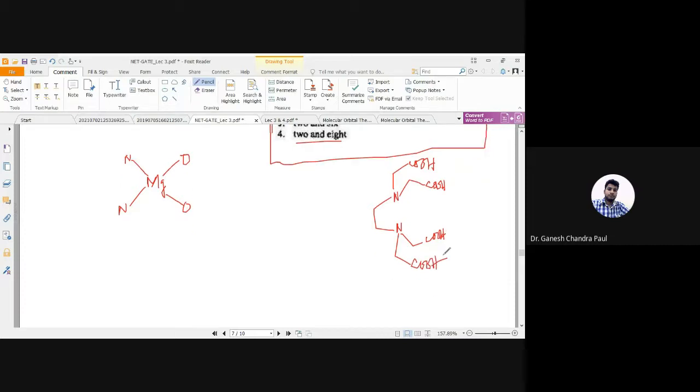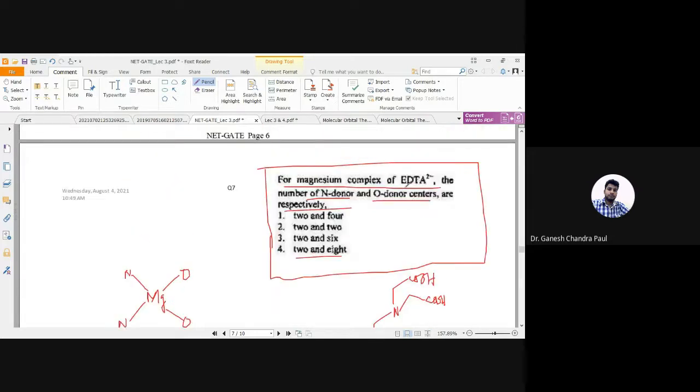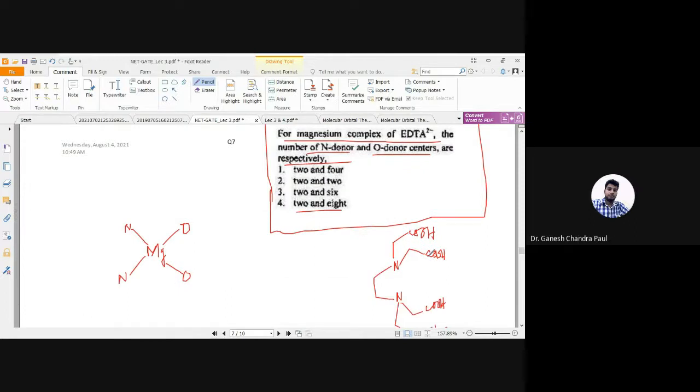So this is the structure of EDTA. Now here it is mentioned EDTA2 minus. That means when EDTA binds with magnesium 2 plus, it binds in the dianionic form. That is what is mentioned.